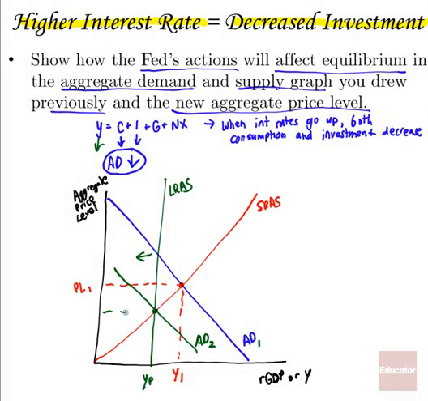So what happens to the price level? The aggregate price level goes down.